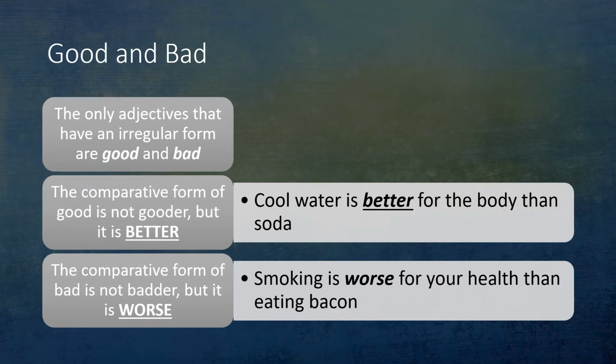In standard English, we say better or worse. So if I want to say something, again, in bad English, more good, we don't say more good or gooder, we say better. So cool water is better for the body than soda.